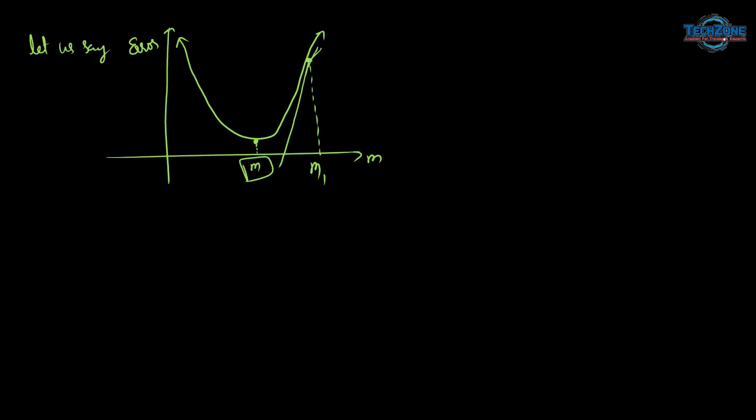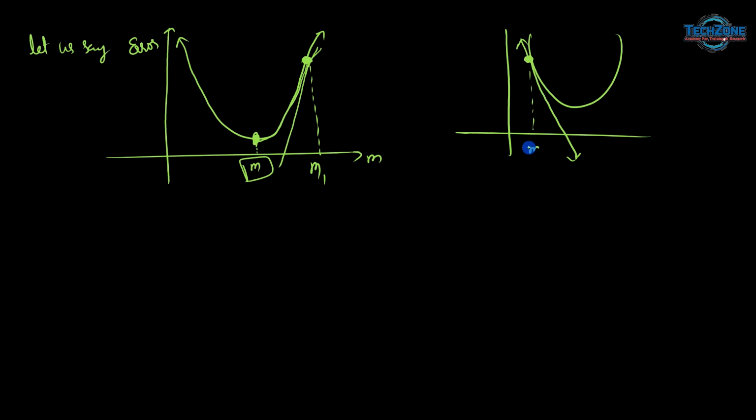So if we start from here, how will we come here? Or if we start on this side, this will be our line and this is m. Our aim should be to get to this value of m where the error is minimum, isn't it?